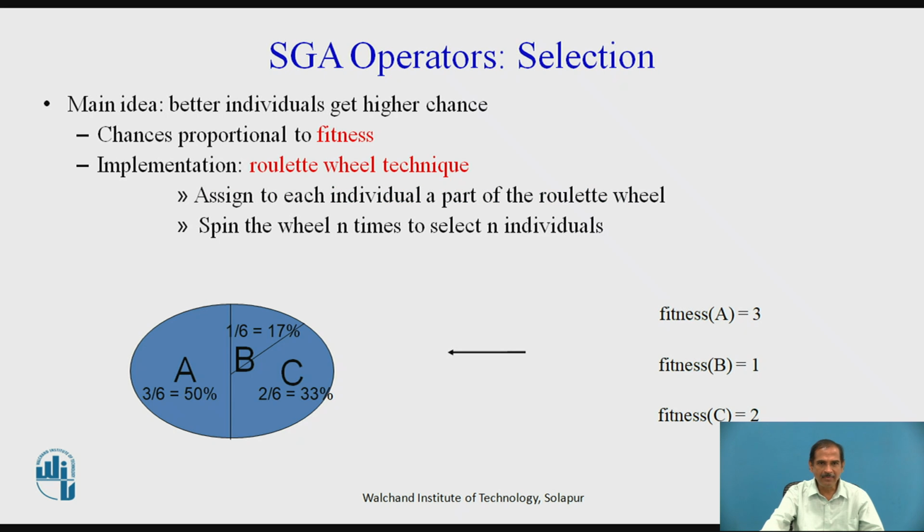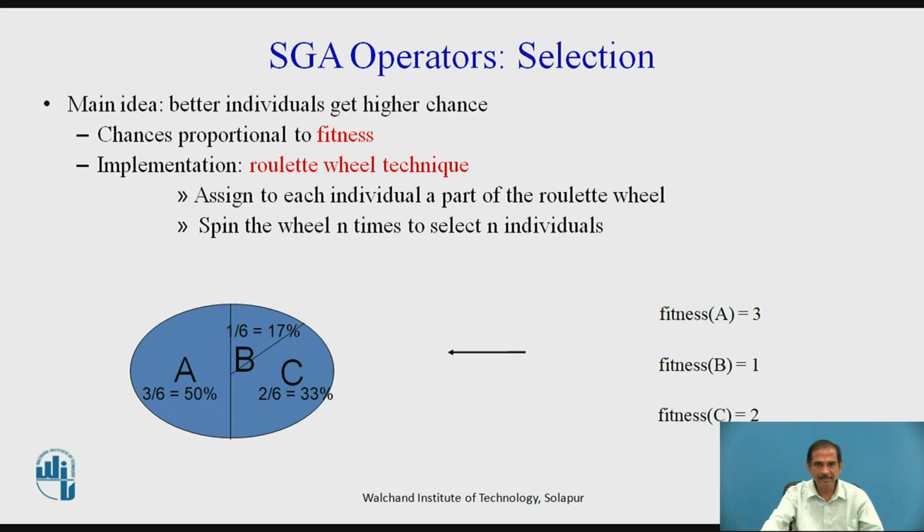Now this is all done with the help of randomness in our environment by having a roulette wheel, as we are seeing here, having different regions A, B and C, and fixing the fitness of A to be 3, fitness of B to be 1 and fitness of C to be 2, and we then generate our probability values associated with this.